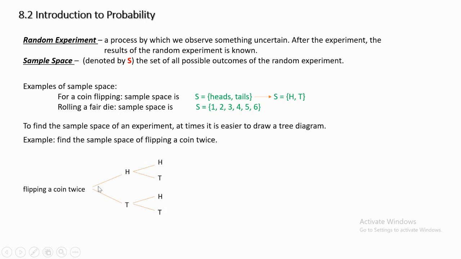So what's my sample space? It can be heads, heads, heads, tails, tails, heads, and tails, tails. So my sample space will be the set HH, which stands for heads, heads, HT for heads, tails, TH for tails, heads, and TT for tails, tails.